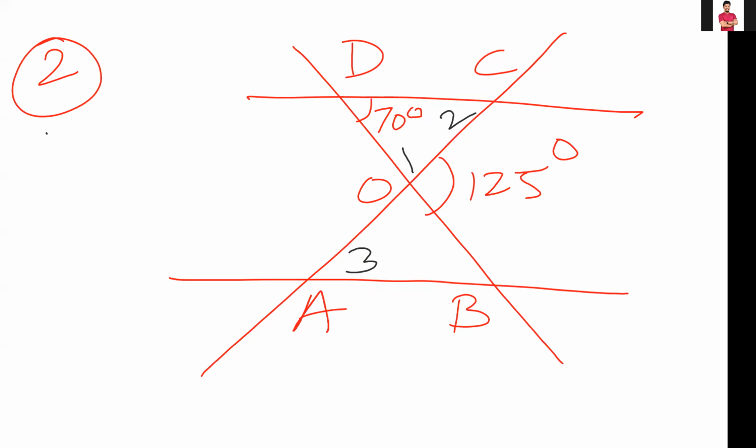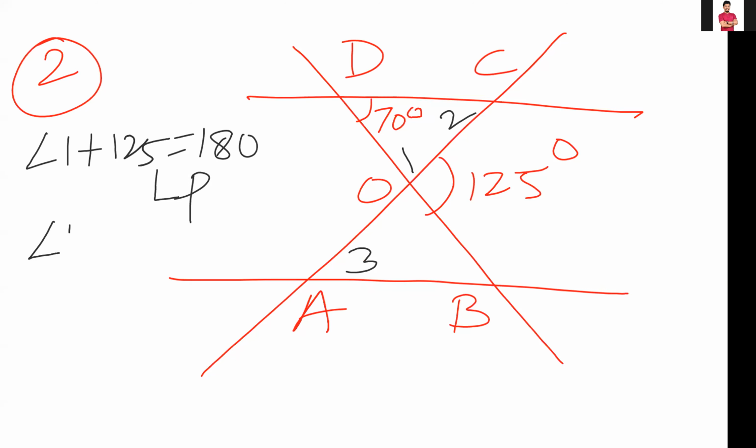Okay. Now you know angle 1 plus 125 is what? 180, linear pair. So from this concept, angle 1 will be 180 minus 125, which is 55 degrees. Then angle 2 would be 70 plus 55, that is 125. Now angle 1 plus angle 2 plus 70 degrees is 180, by the angle sum property of a triangle: the sum of angles of a triangle is 180.